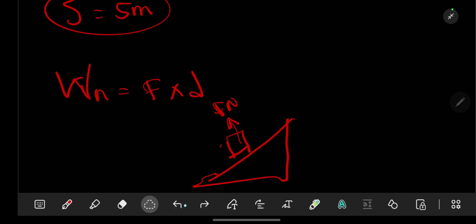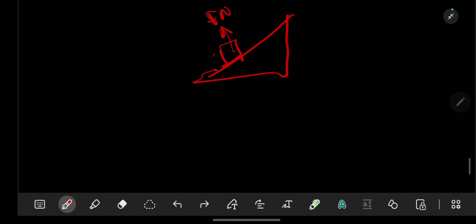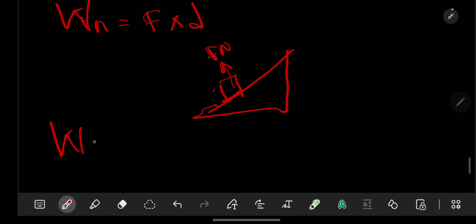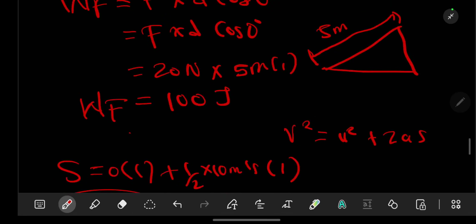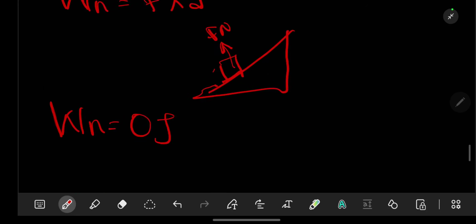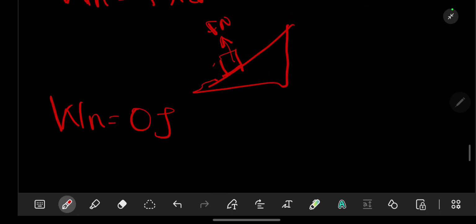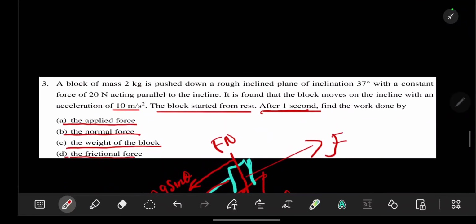Because contact is maintained, there is no distance moved in the direction of the normal force. So the work done by the normal force is equal to 0 joules. This one is 100 joules, the other one 0 joules, simply because it is not moving in the direction of the normal force.